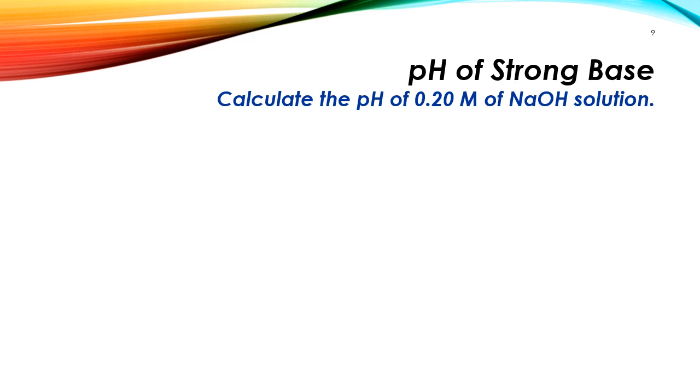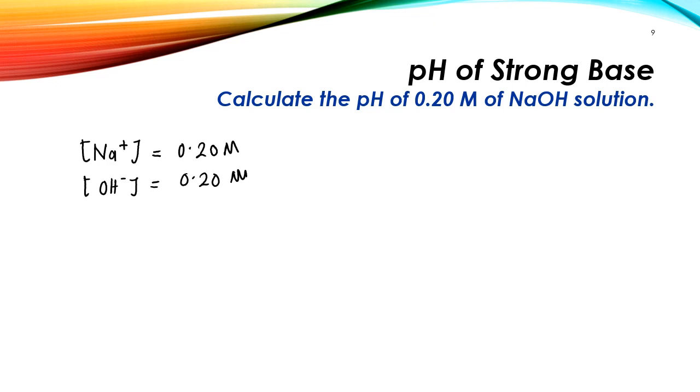So we can make a conclusion that the Na+ ions produced at the end of the reaction is 0.20 molar, and the concentration of OH- ions produced is also 0.20 molar.